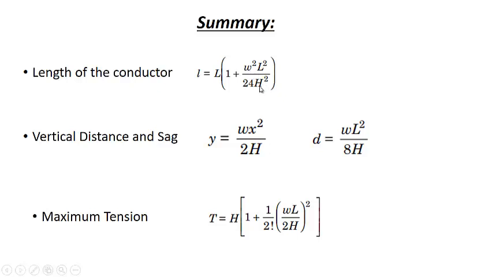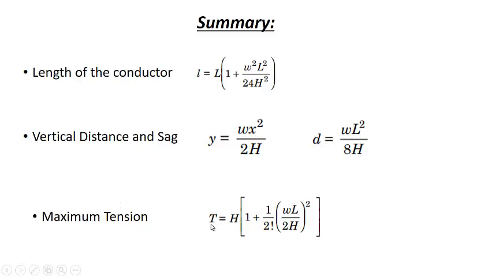H is the horizontal tension which is occurring at the middle of the line or the minimum point of the line. Vertical distance is given by Wx square by 2H. This is the formula which can be used at any distance x from the origin or the minimum point. This is the sag, given by d equal to WL square by 8H.